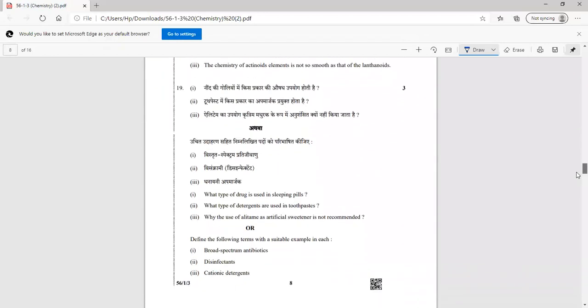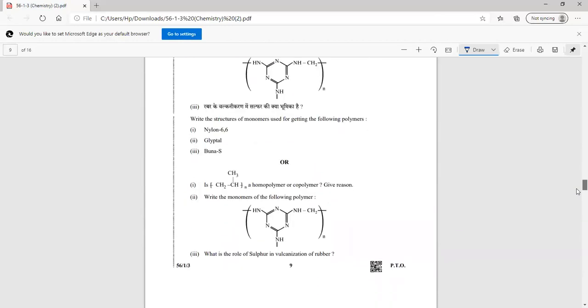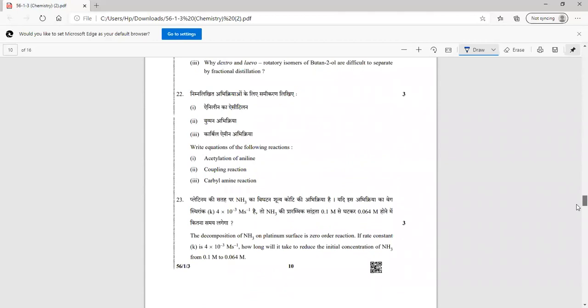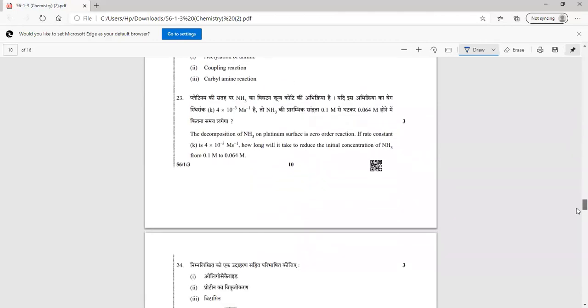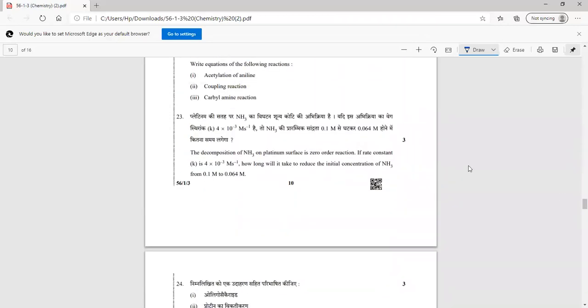Next question from these first 4-5 chapters is, so this is a question from chemical kinetics. Decomposition of NH3 on the surface of platinum is a zero order reaction.